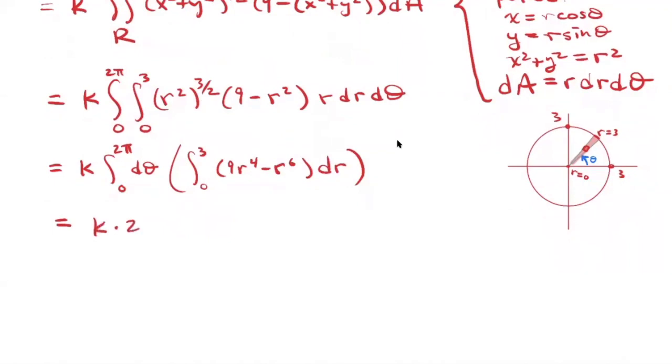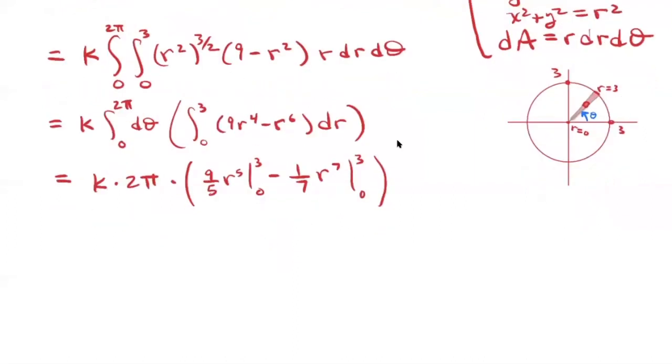Okay, so it should be done in just a second. k times 2 pi times 9/5 r to the 5th from 0 to 3, minus 1/7 r to the 7th from 0 to 3. That's horrible. Okay, so 2k pi, and 9 is 3 to the 2nd.